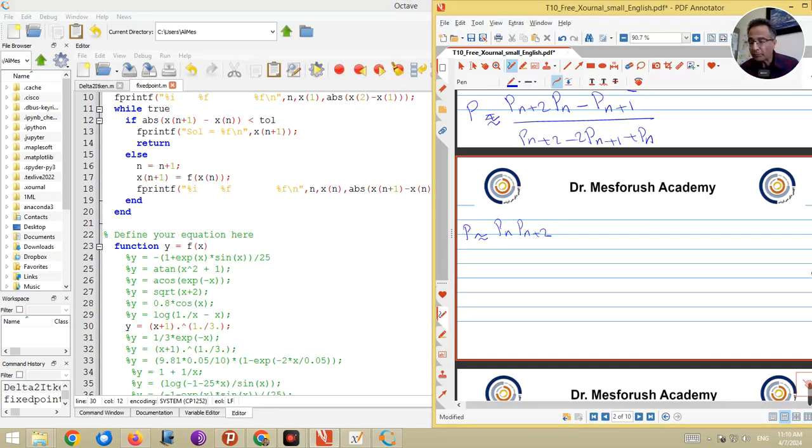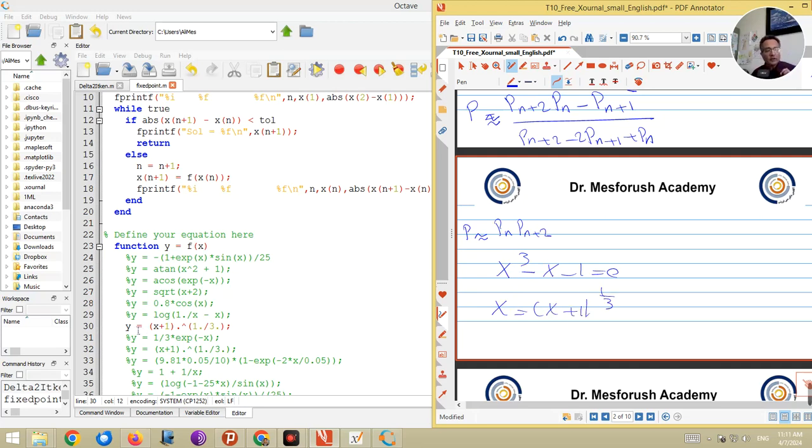Let me show you another example, but before that let me try to solve the equation x cubed minus x minus 1 equal to 0, both with fixed point and with Aitken's delta squared. We know that in both delta squared and fixed point, x should be x plus 1 to the power of 1 over 3.